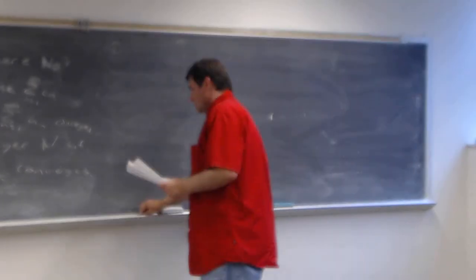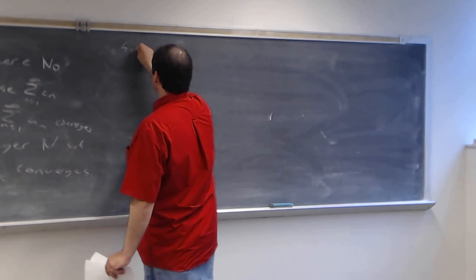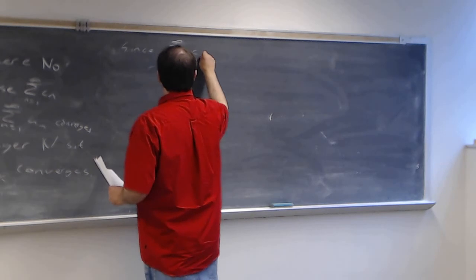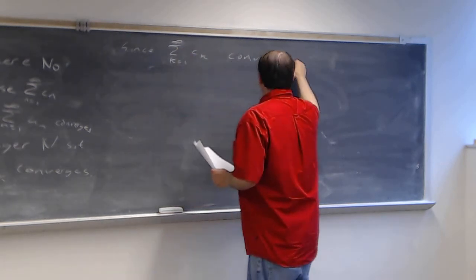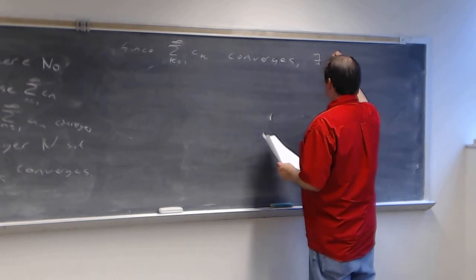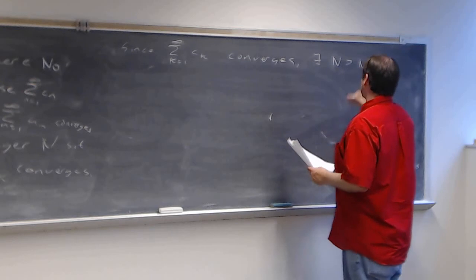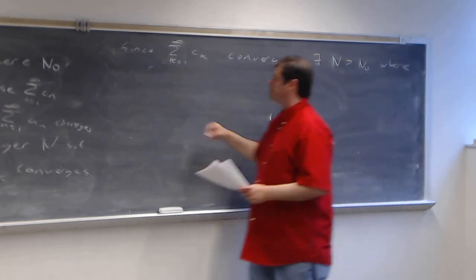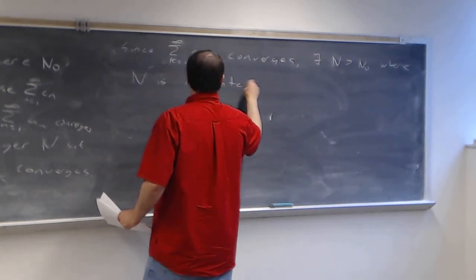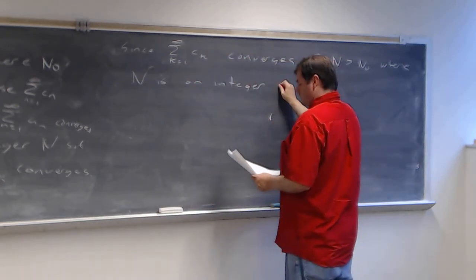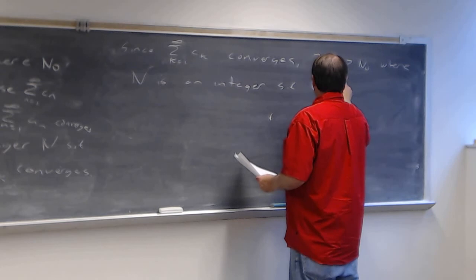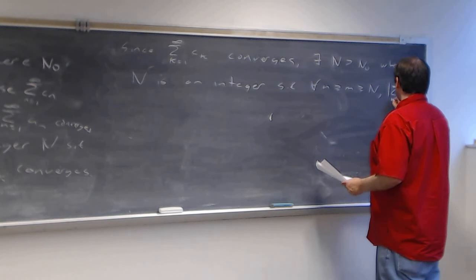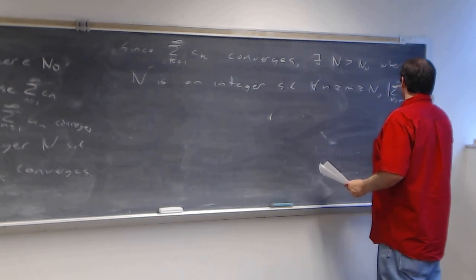Okay. That's what we're trying to produce. Well, since the series of the c sub k's converges, there exists an integer big N bigger than n sub naught, so we go far enough beyond n sub naught, such that for all n bigger than or equal to m, bigger than or equal to big N, the absolute value of the sum as k runs from m to n of the c sub k's will be less than epsilon.